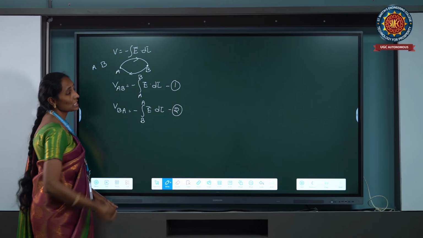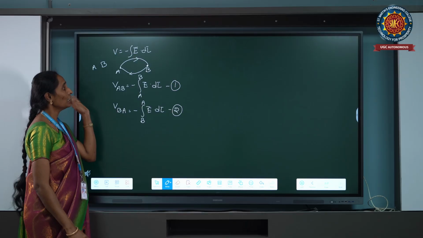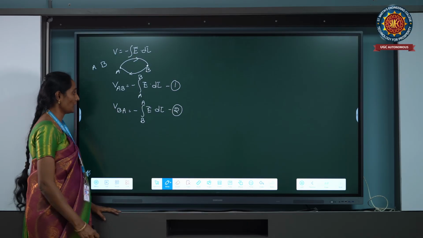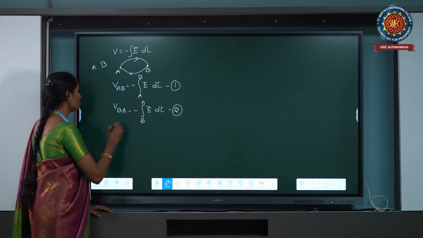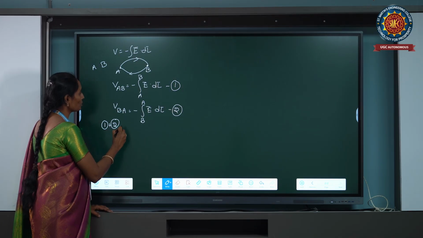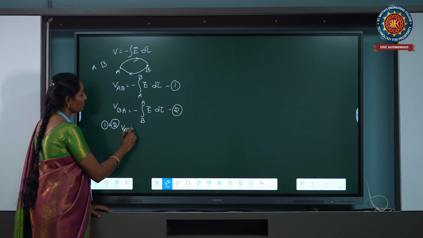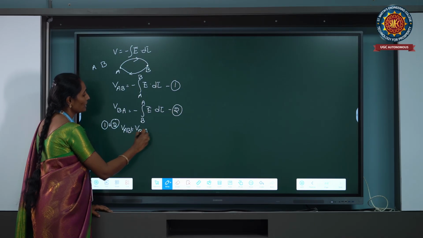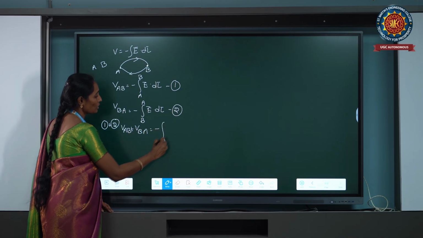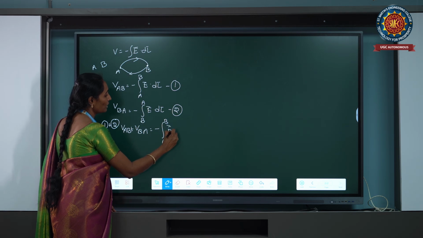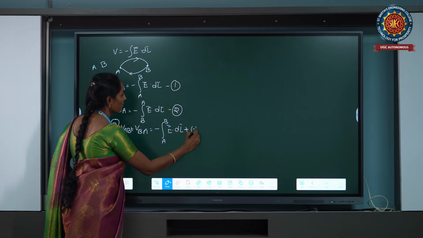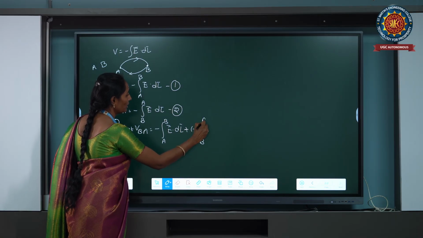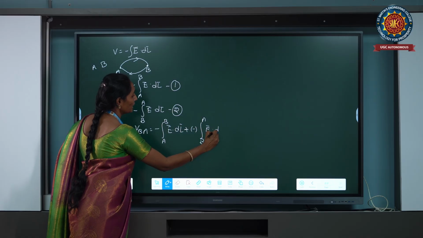Here the position of A and B does not change, and the distance between A and B is the same. So adding equation 1 and equation 2, V AB plus V BA is equal to minus integration from A to B of E bar dot dl bar plus minus integration from B to A of E bar dot dl bar.